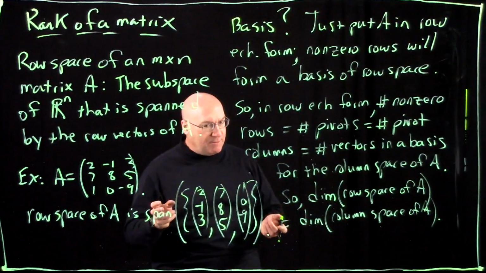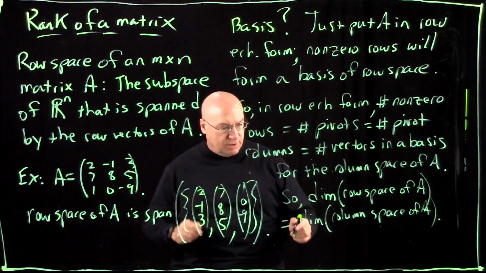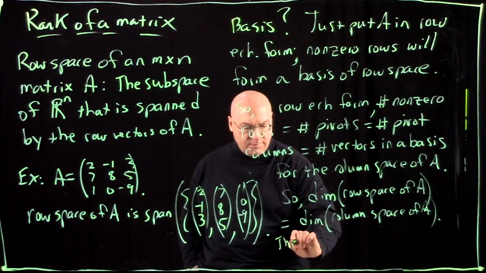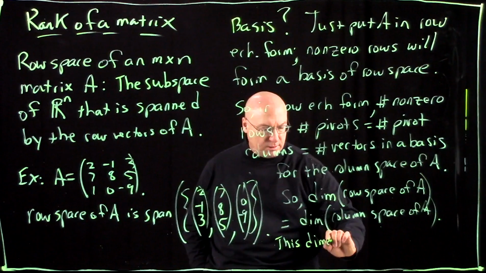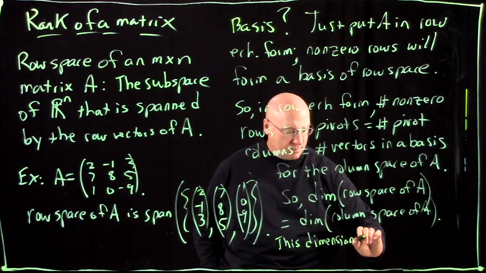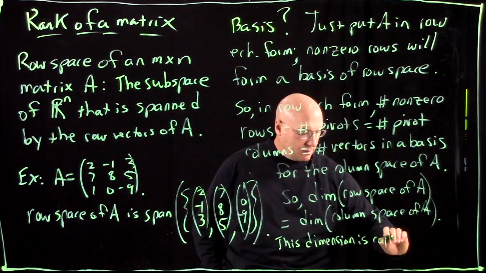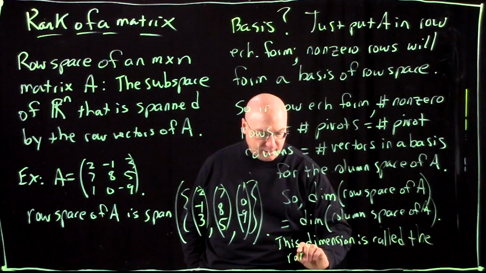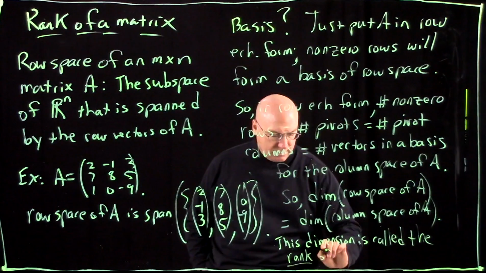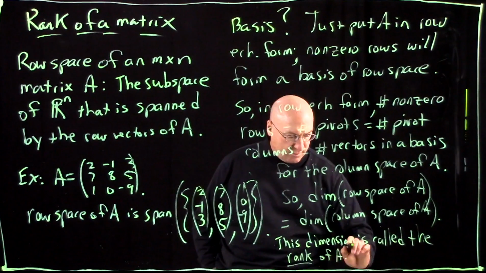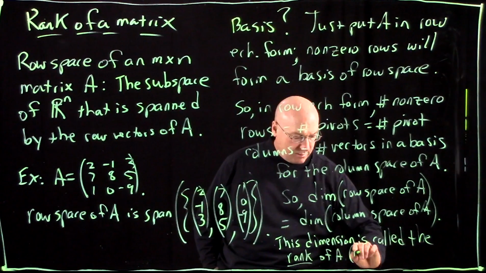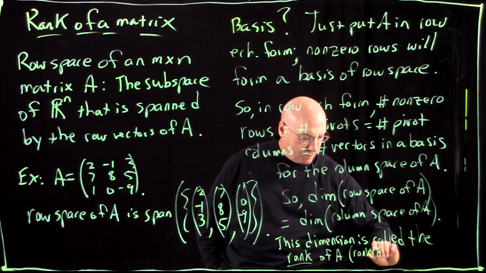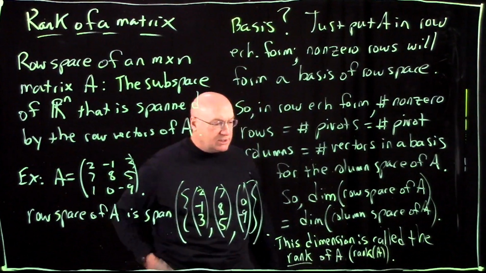We have a special name for that number. This dimension is called the rank of A. We might say rank(A). So what is the rank of A?